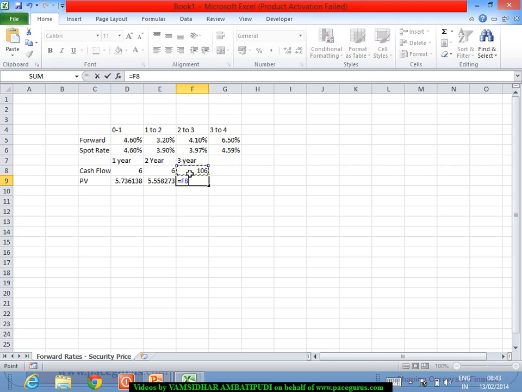Then this cash flow I will discount by 1 plus the 3-year spot rate cubed. These are the present values of all these scenarios. The total present value is the price of the bond, the summation of these three elements. So the price of the bond in this case comes to 105.62.